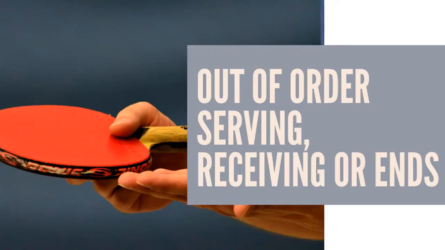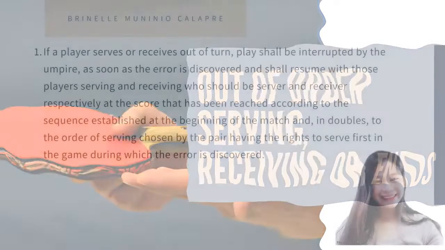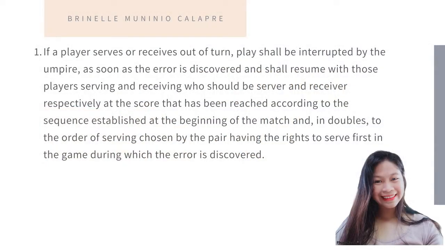Out of order serving, receiving, or ends. First, if a player serves or receives out of turn, play shall be interrupted by the umpire as soon as the error is discovered, and shall resume with those players serving and receiving who should be server and receiver, respectively, at the score that has been reached according to the sequence established at the beginning of the match.